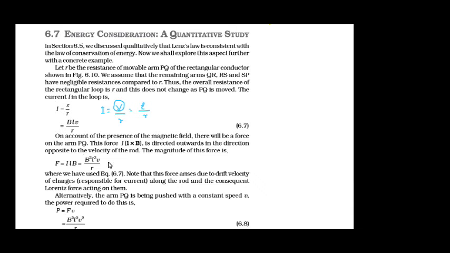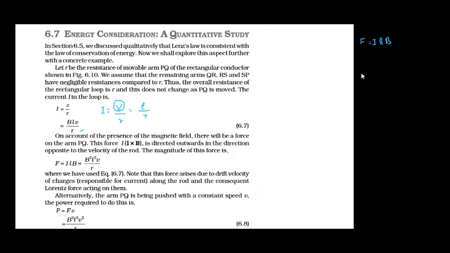The magnitude of the force is I into L into B, and instead of I we can put this. So ultimately the equation turns as force F is equal to I L B.